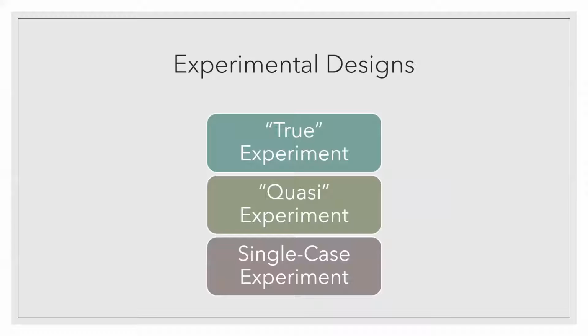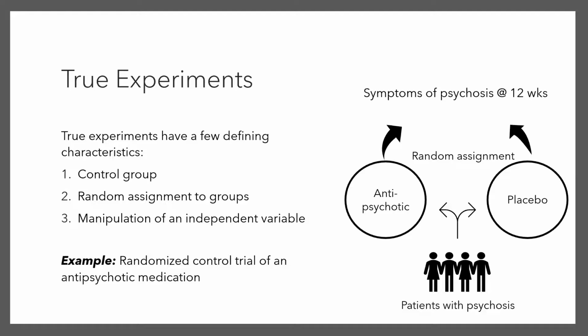Do you remember some of the key aspects of a true experimental design? I'll give you a couple seconds just to think about it. And if you said anything like control group, random assignment, etc., you're definitely on the right track.